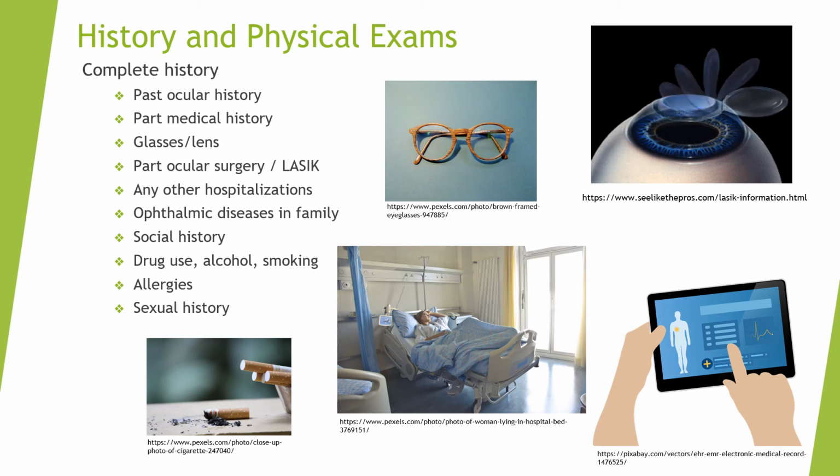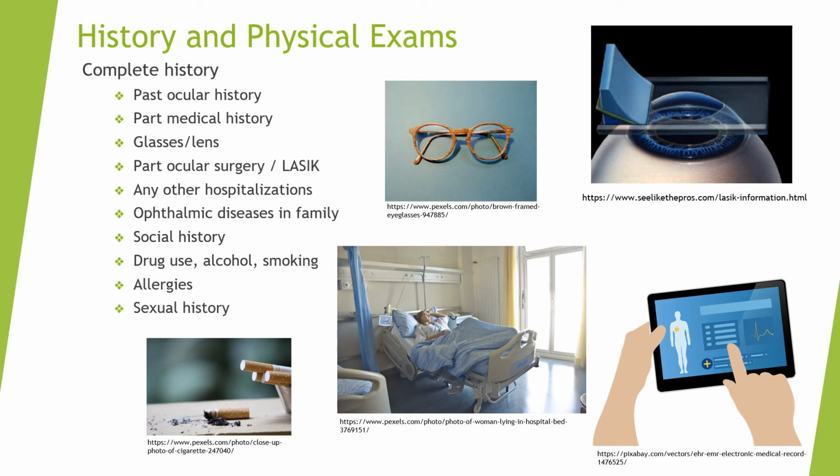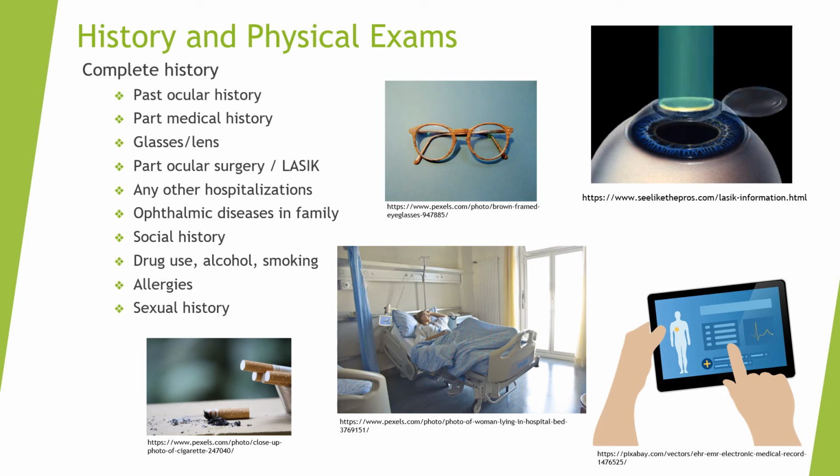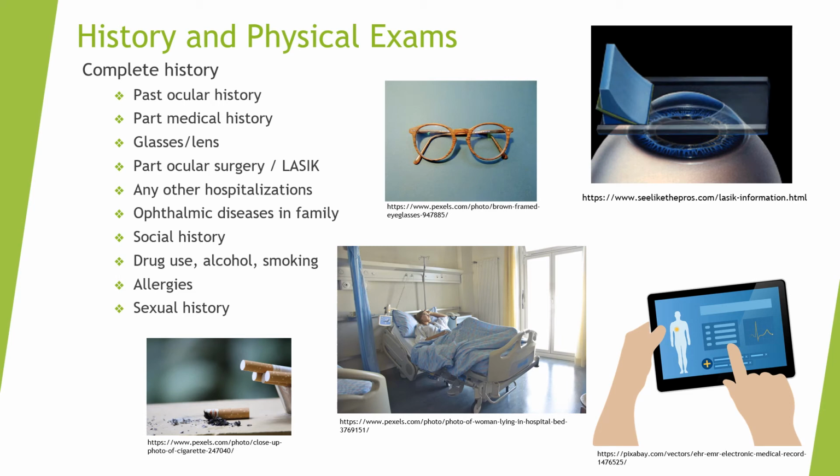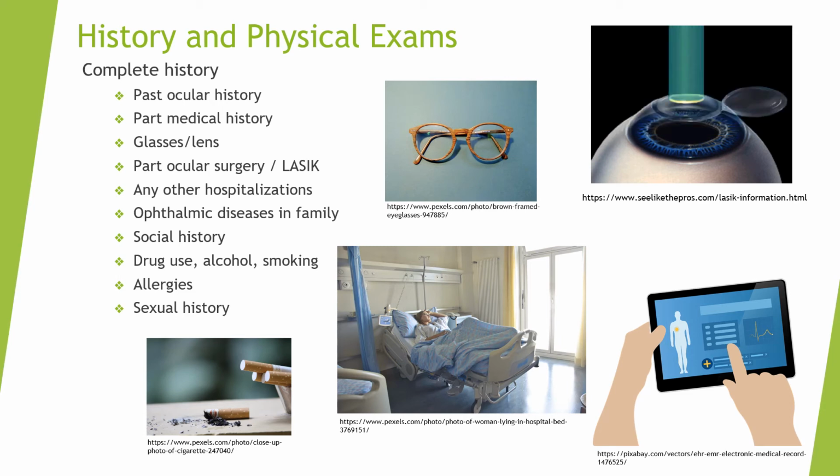Taking basic social history, such as any drugs, and their occupation would be important. Look to see if they are smoking or drinking alcohol regularly. Check for allergies, as well as sexual history.